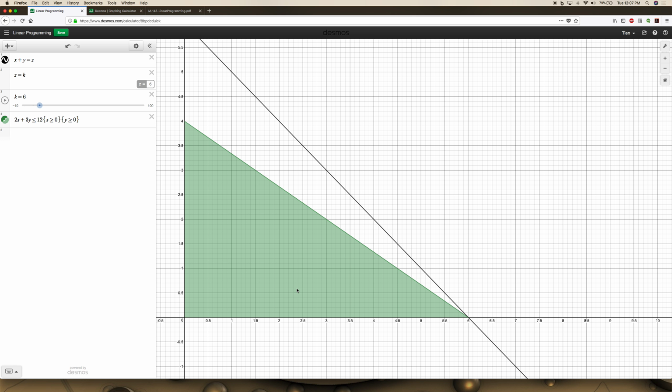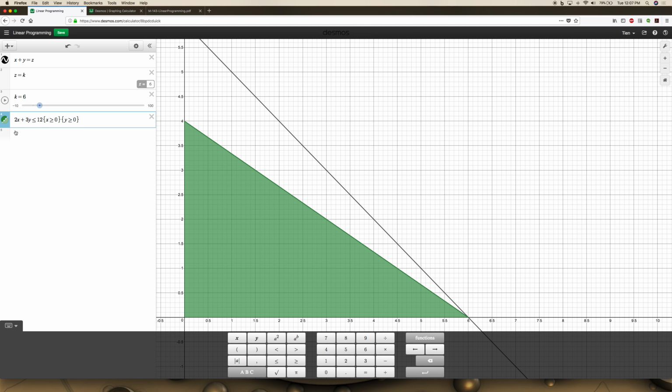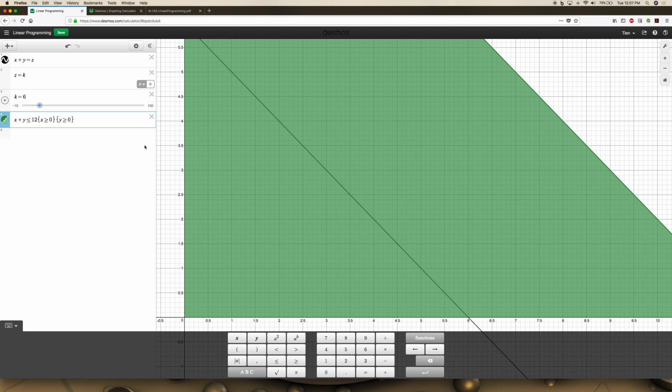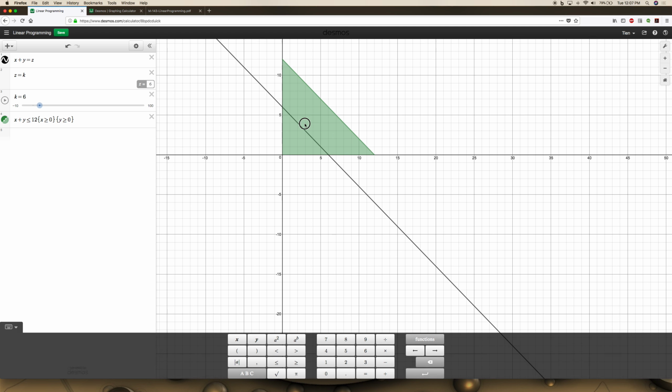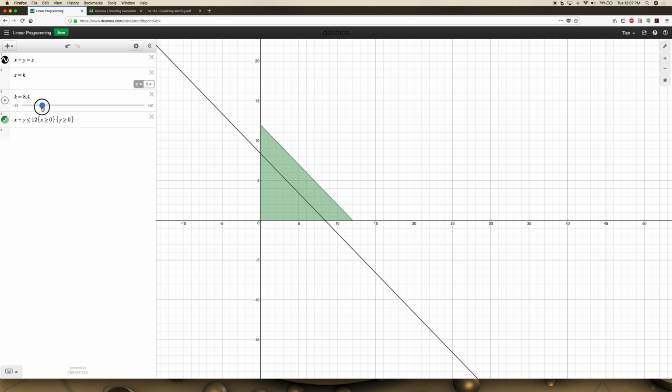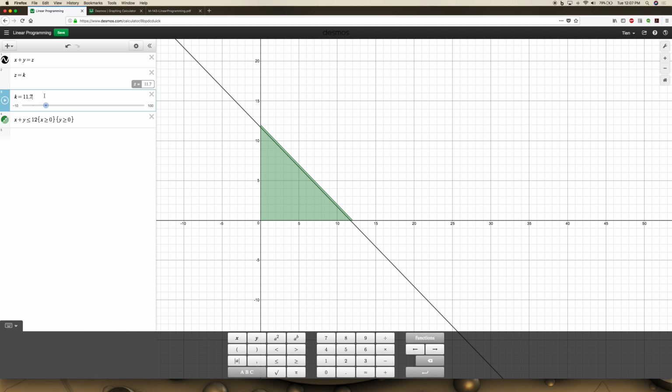Either I push it all the way out and I hit some corner, and that's the best I can do, or, and this is a bit weirder of a situation, so let's say that my bound, instead of 2x plus 3y is less than or equal to 12, is x plus y is less than or equal to 12.